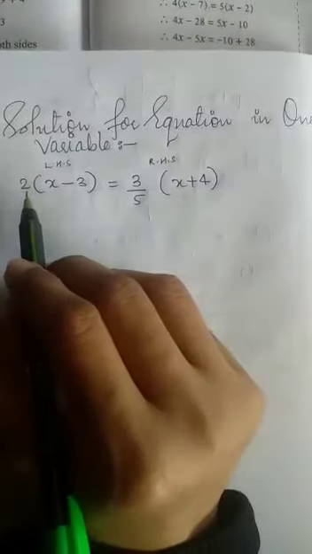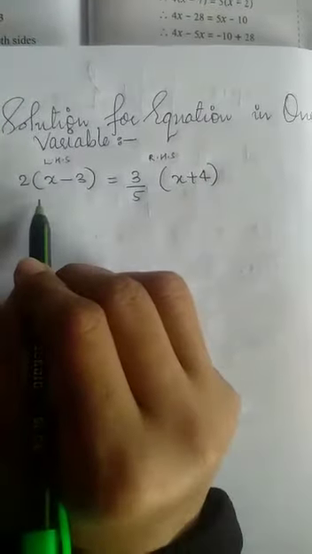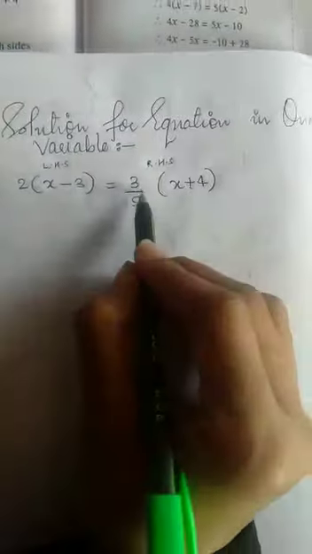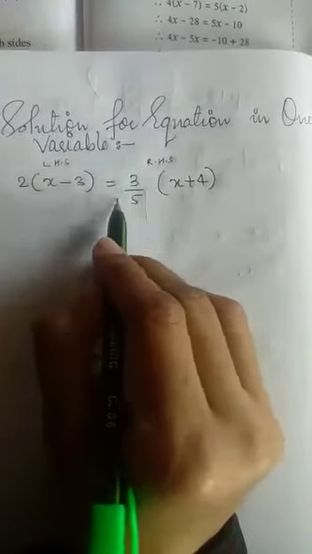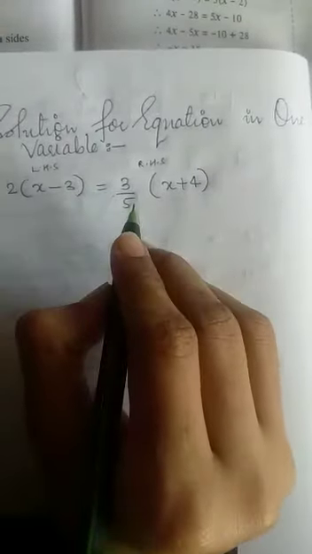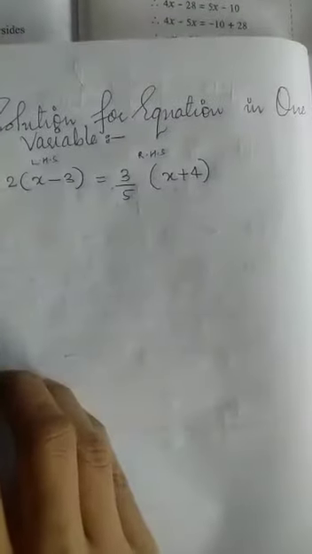To convert this into an equation in one variable, or to take that equation in a plain or simple form, we have to remove this 5. It means we have to divide by 5 to remove this 5. Are you getting me?